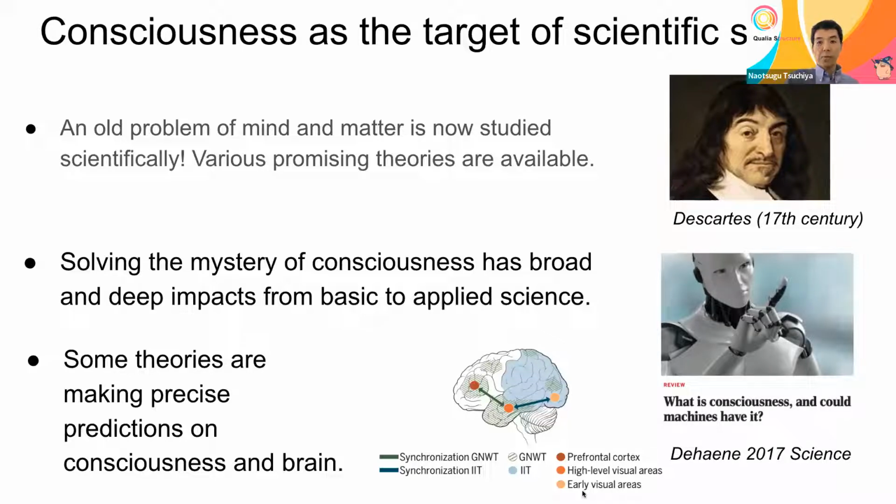This is a scheme comparing the predictions about a particular type of conscious experience and its neural correlates, as predicted by two different theories of consciousness: global neural workspace theory and IIT.